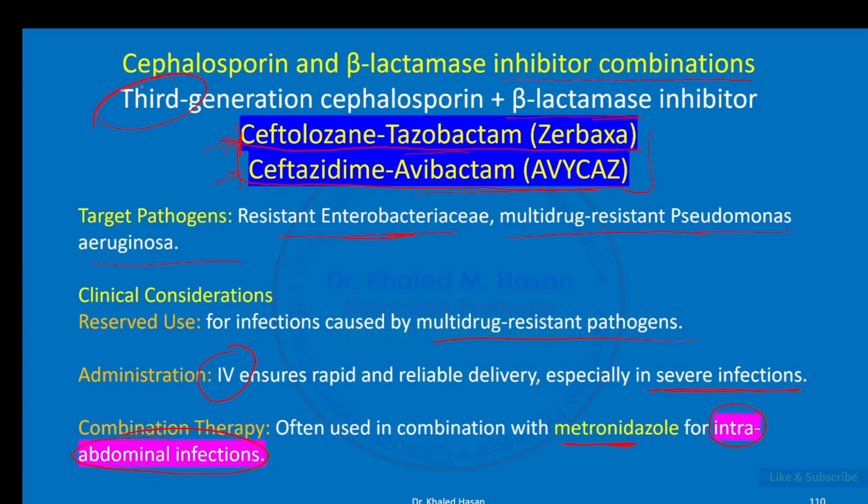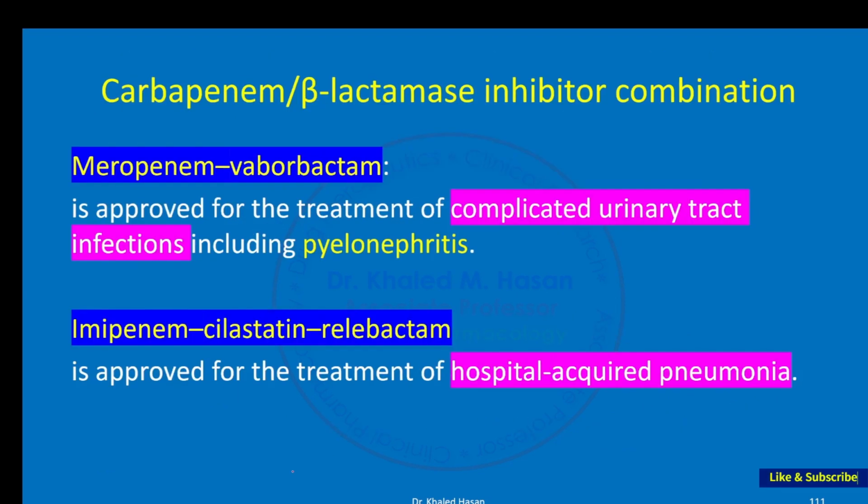What about cephalosporin with the beta-lactamase inhibitor? We have ceftolozane, tazobactam, and ceftazidime, avibactam. These are for intra-abdominal infection and recommended for severe infection. The third one is carbapenem. We combine carbapenems with beta-lactamase inhibitors: meropenem with fabrobactam for urinary tract infection.